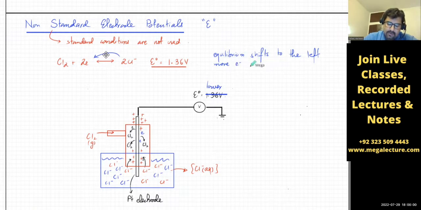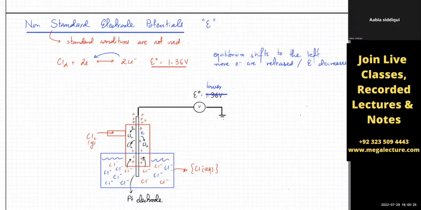More electrons are going to be released. And if more electrons are released, then the new potential, the potential E, decreases. It becomes more negative, it becomes lower.